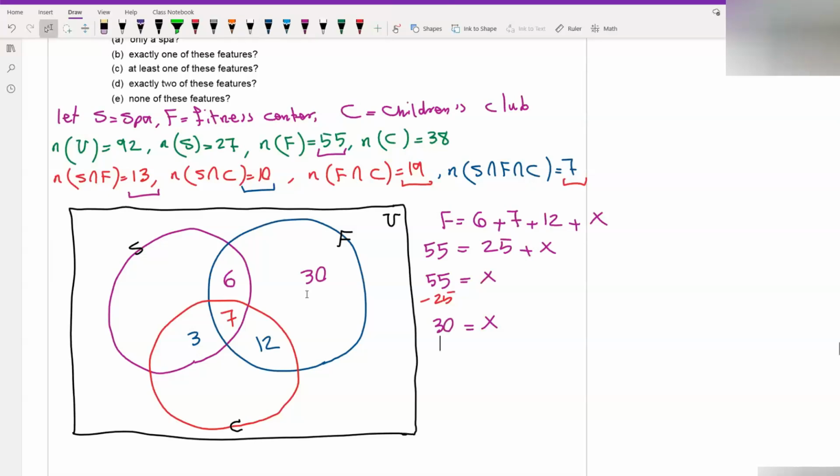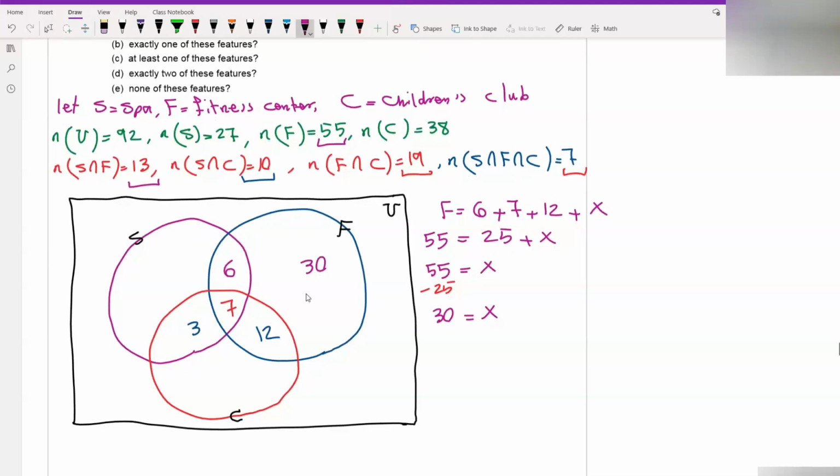Do the same thing for S and C. For S, we have 6 plus 7 plus 3 is 16. But here we have 27. So 27 minus 16, the remainder is.